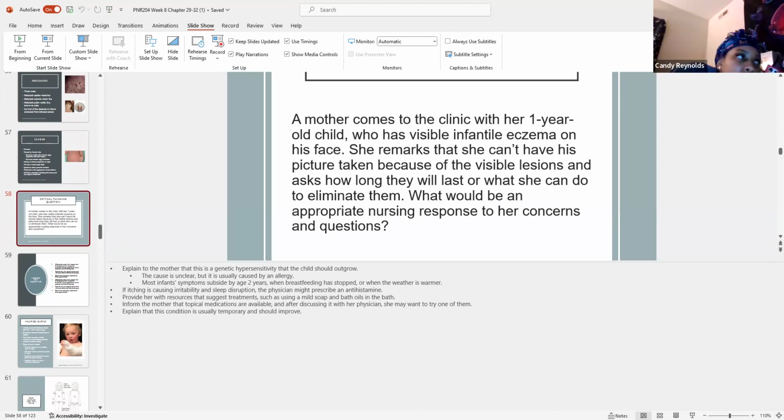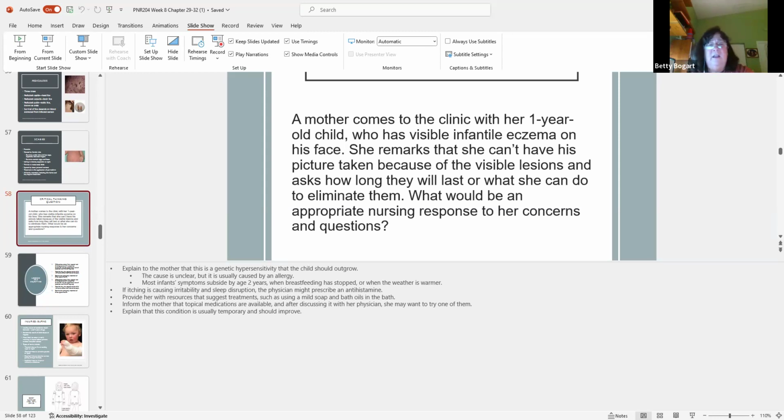Can you do like an oatmeal bath? Well, when you have infantile eczema, absolutely. This is the one that we're going to put cream on. We're going to use mild soaps, keep away from perfumed anything, and moisturize, moisturize. And then if they need any medications for it, we don't know the cause.